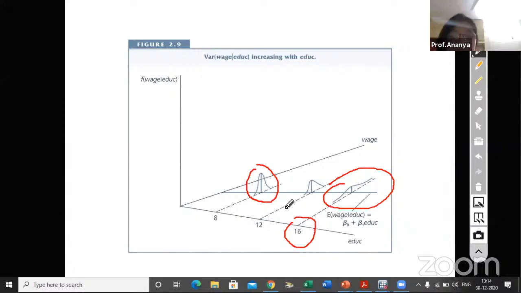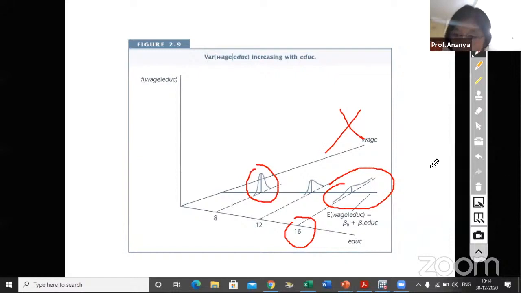So when you are using the OLS model, you're ruling out this situation. This is the situation of heteroskedasticity. You are saying that the errors are homoskedastic. That's one of your assumptions.